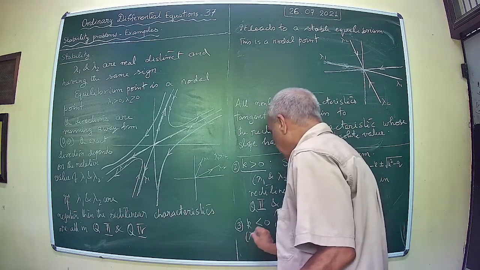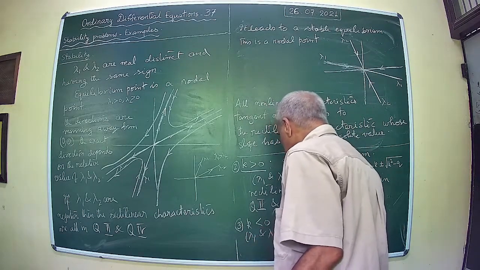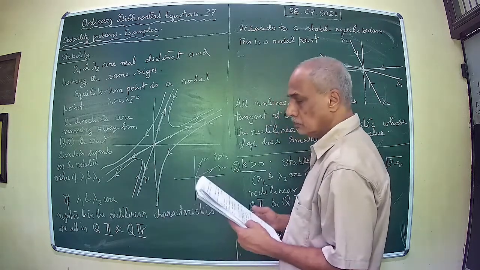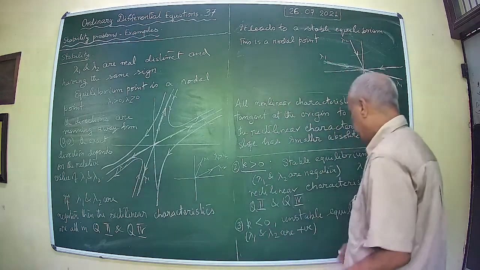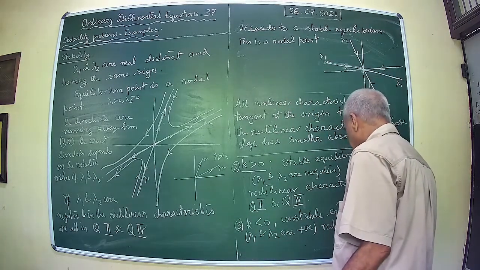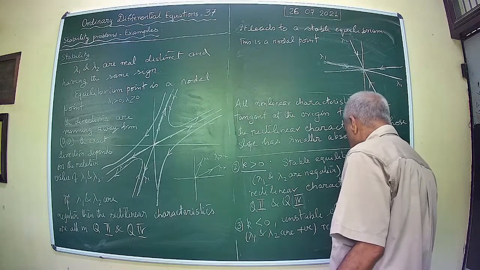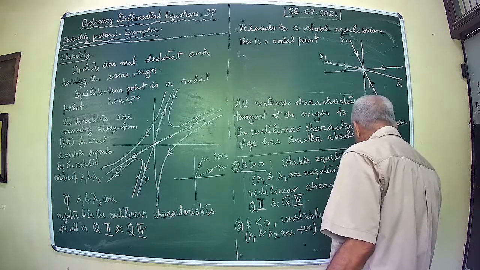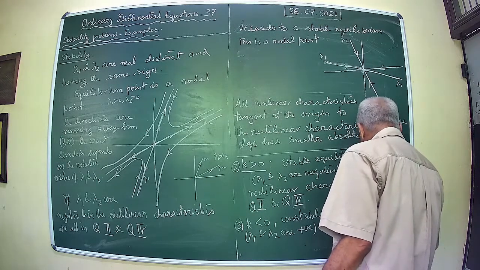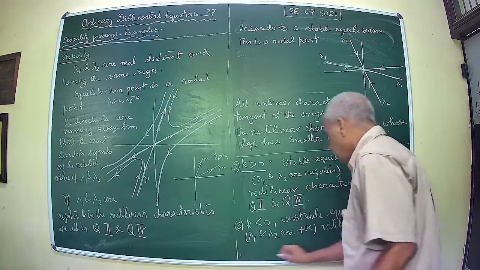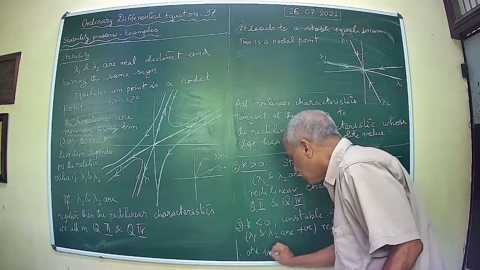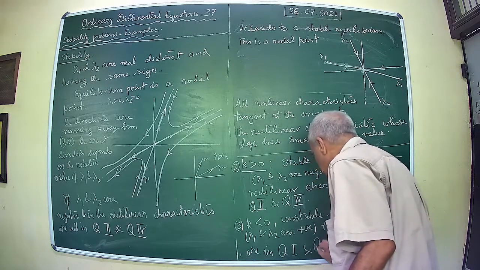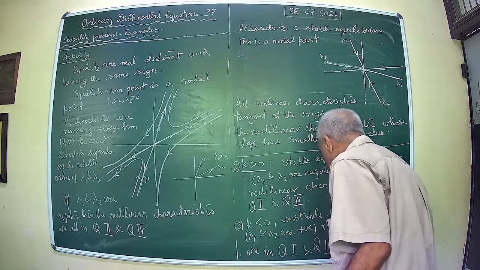Because both lambda 1 and lambda 2 are positive and rectilinear characteristics are in Q3.